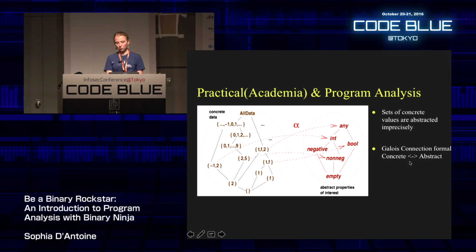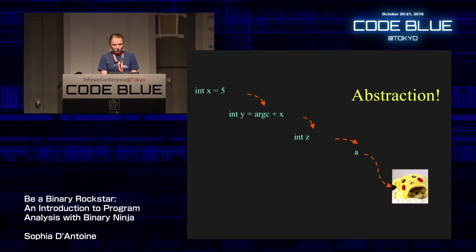And in the research world, this is called the Galois connection, when you can map things from the concrete or more complicated program to an abstract, simpler domain. So what we actually want to do with this is make reviewing code easier.